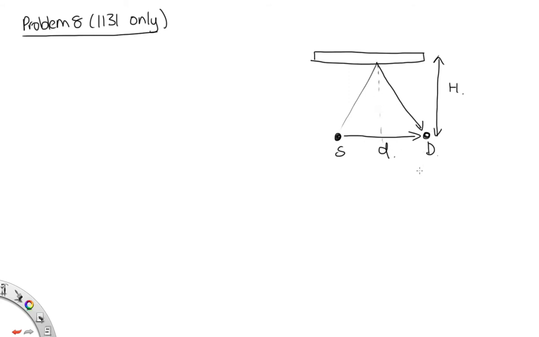When this happens, we get constructive interference. So let's call this one path 1. So path 1 and D give constructive interference.